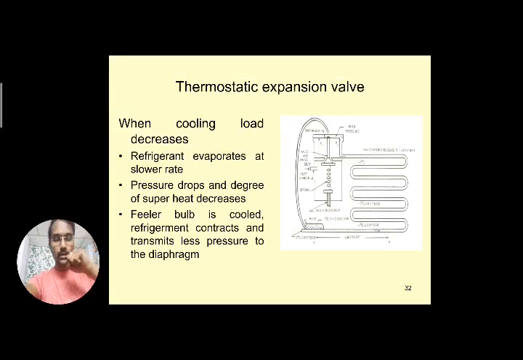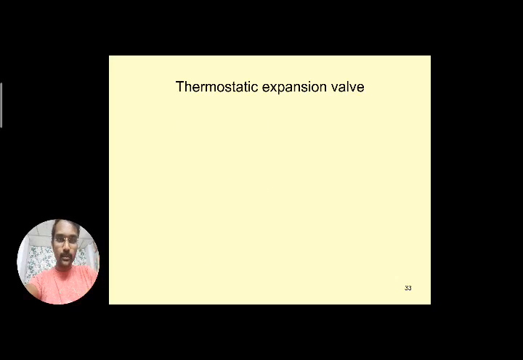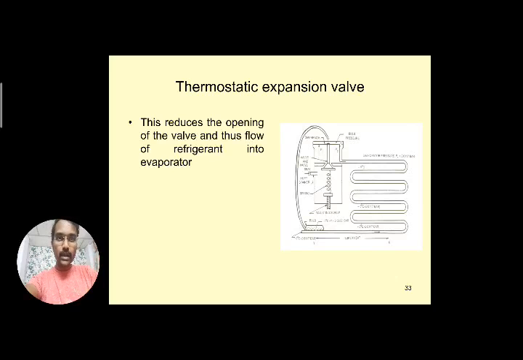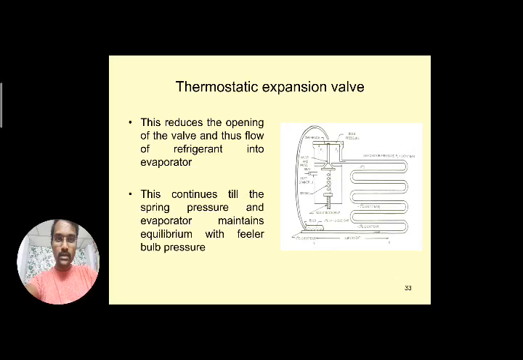Due to the contraction, less pressure acts on the diaphragm compared to the pressures P1 and P2 acting from the bottom of the diaphragm. So the diaphragm moves upwards and the gap provided at the valve gets reduced.